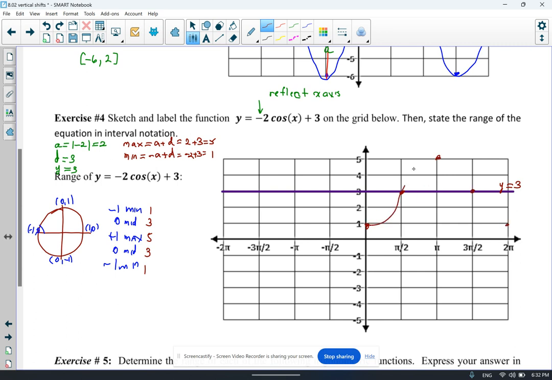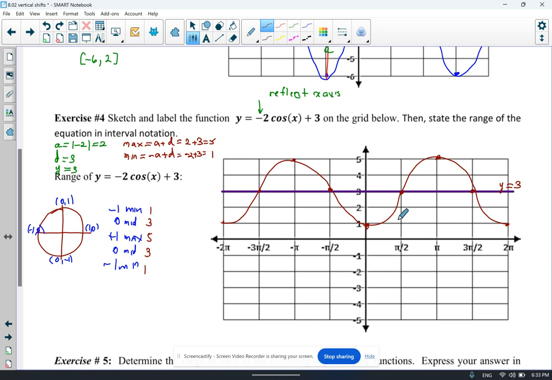We're making a nice smooth curve. And again, we're doing it to the other side as well. Again, you're going backwards with the other side. So it's 1, 3, 5, 3, 1, and a nice, beautiful, smooth, that's a pretty cosine curve. And we have 2 cycles graphed.